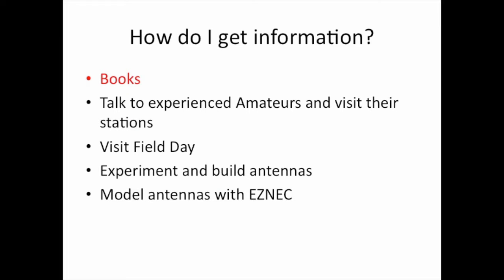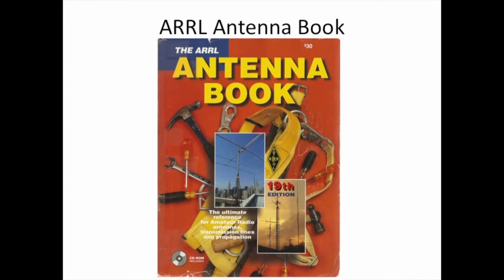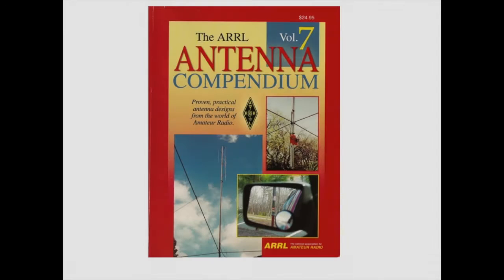All right, now let's start with books. One of the best sources is the ARRL Antenna Book. This happens to be the 19th edition that I'm using. Antennas don't change a whole lot from edition to edition. Then the ARRL has a series of books called the Antenna Compendium.